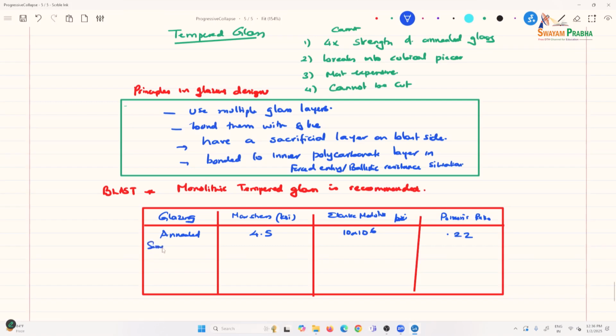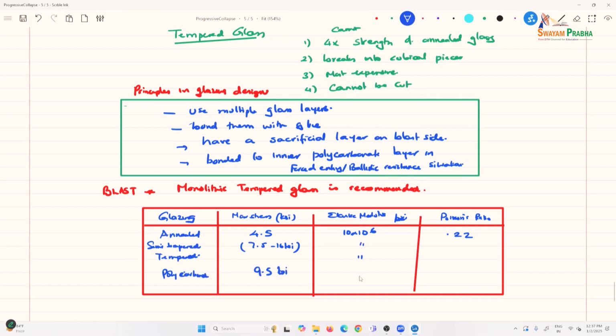If you have semi-tempered or tempered, it is in the range of 7.5 to 16 KSI. Tempered and polycarbonates is about 9.5 KSI.